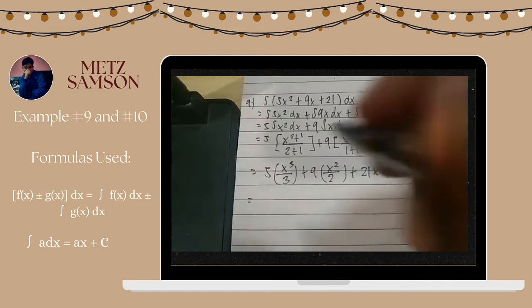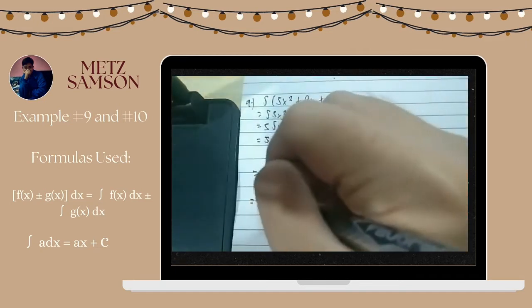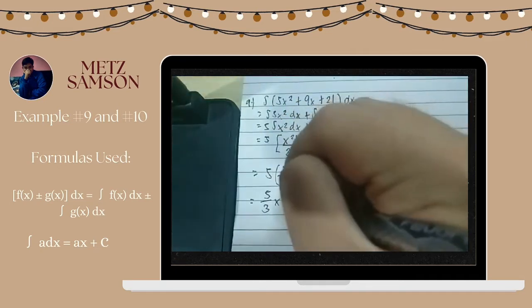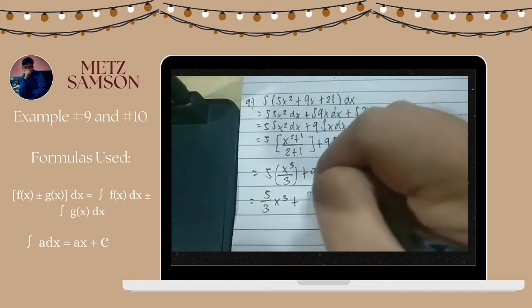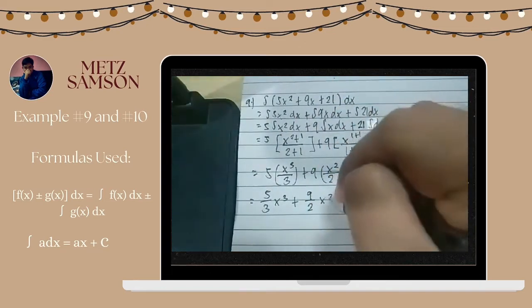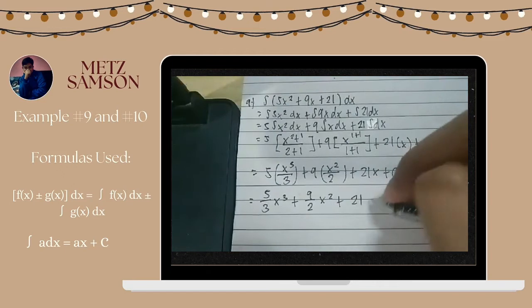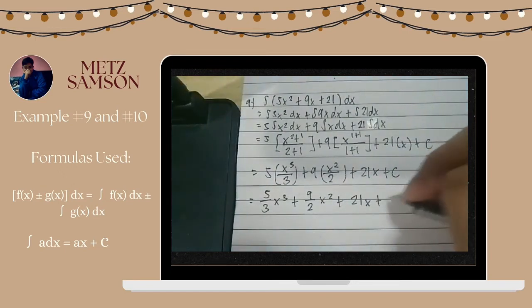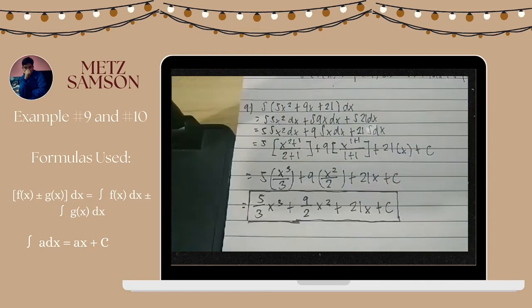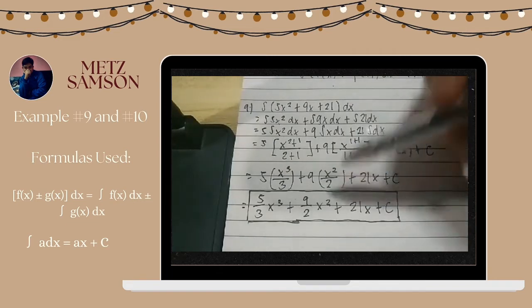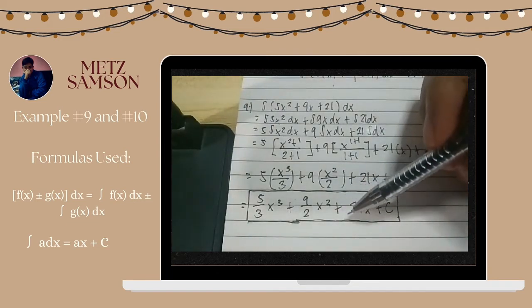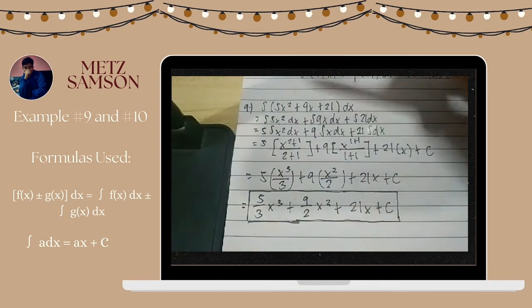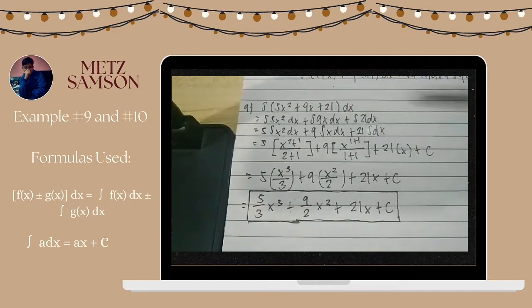By simplifying, we will have 5 over 3 x cubed plus 9 over 2 x squared plus 21x plus c. In order to check the answer, we should get the derivative of this answer. If the derivative function is the given, then our answer is correct.